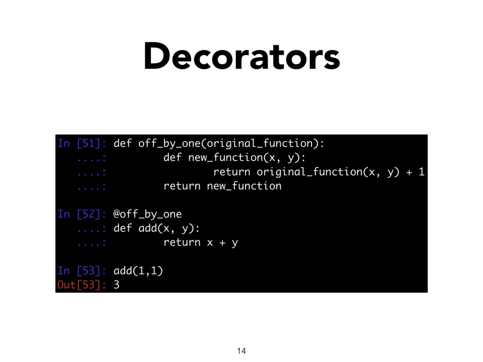So an example of this in a much more complicated setting where it maybe makes more sense to use it is if you write a web service and you need to run some different functions where you compute some stuff, but to run some of these functions you need to be logged in as an admin. And you don't want to do an admin check or a login check in each of your functions.